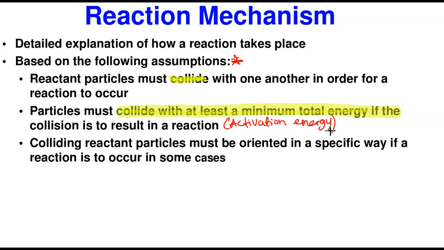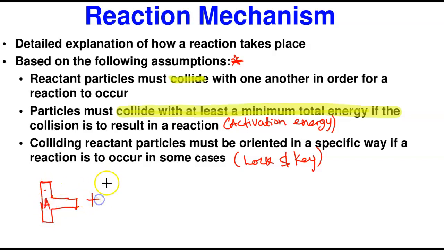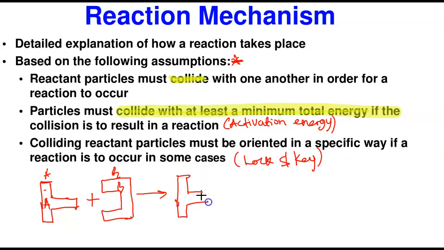What I usually tell students is that reactants fit like a lock and a key. Remember, if you put your key into your lock, they're going to fit well. I usually give them this good example. If I have a T-shaped reactant A, and a kind of square U-shaped reactant B, they have to fit into each other for this reaction to take place.